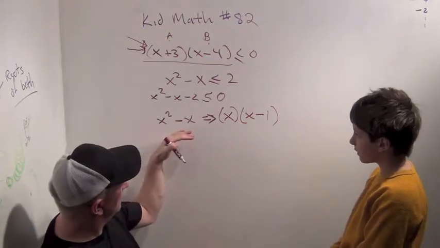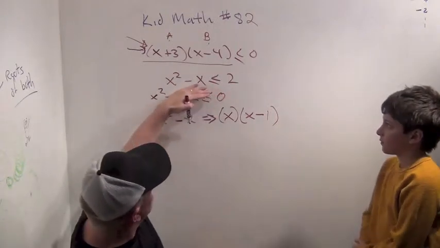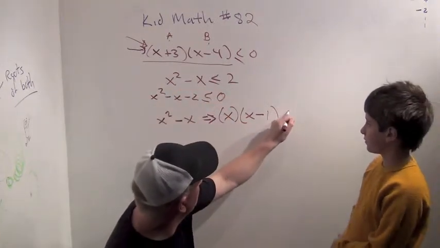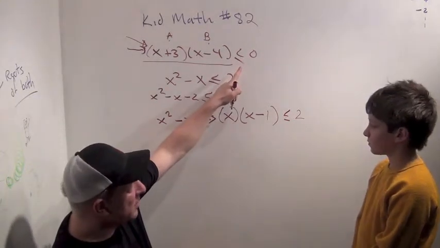You factor out the x. So this inequality, if I factored it, would be x times x minus 1 is less than or equal to 2. But 2 doesn't have this property that 0 has.